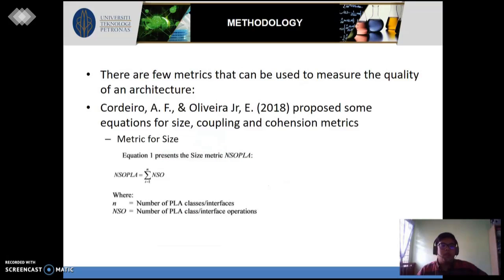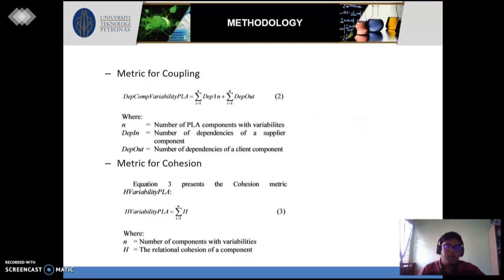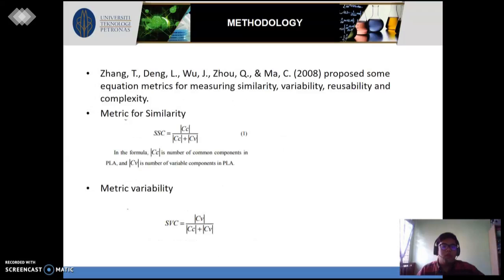There are a few metrics that can be used to measure the quality of an architecture. Cordeiro, E. F. and Oliveira, J. E. 2018 proposed some equations for size, coupling, and cohesion metrics: metrics for coupling and metrics for cohesion.